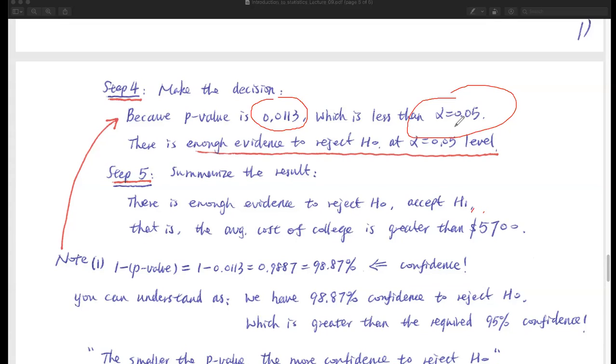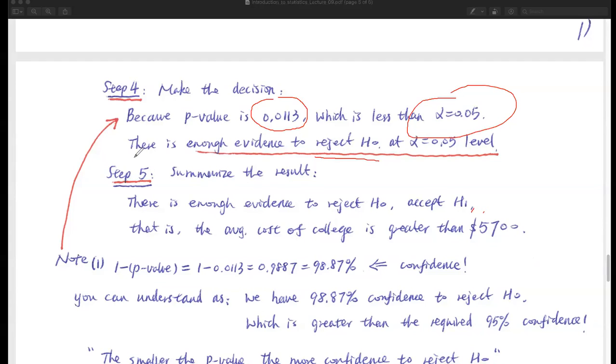Reject. Reject what? Reject H0. So you can consider this as a rule. Later on, we are going to explain why that is. In the beginning, I understand it's not that straightforward, right? We will come back to that later, okay? Right now, remember: if the p-value is less than alpha, we reject H0.